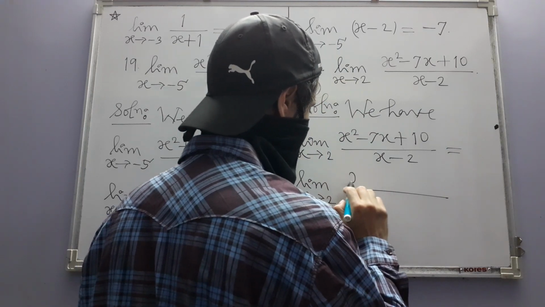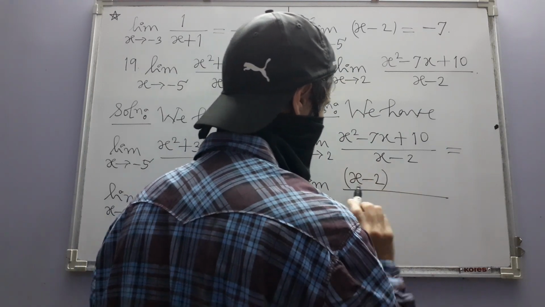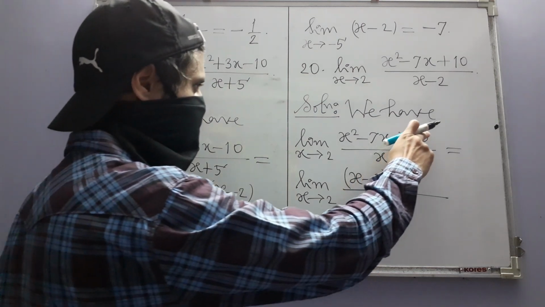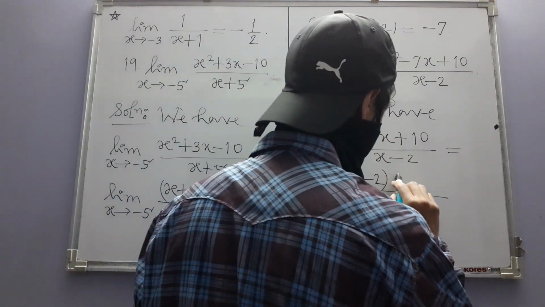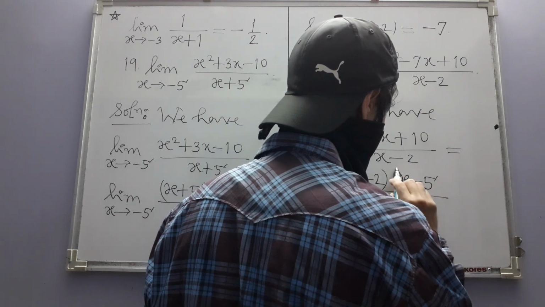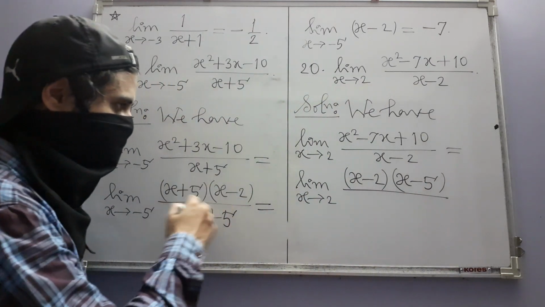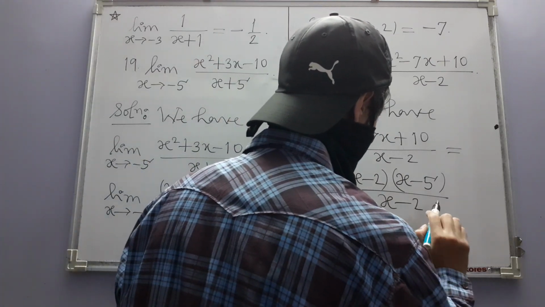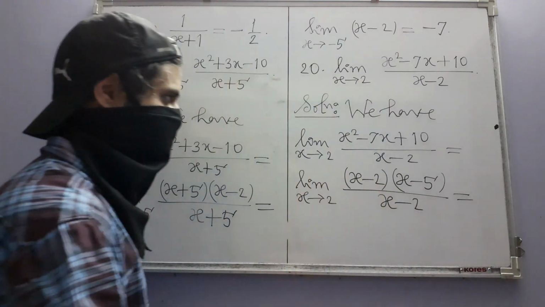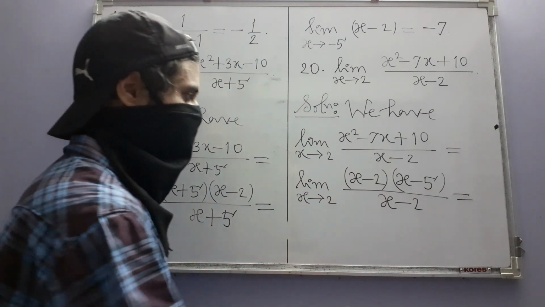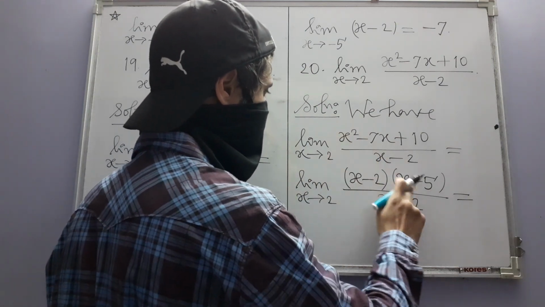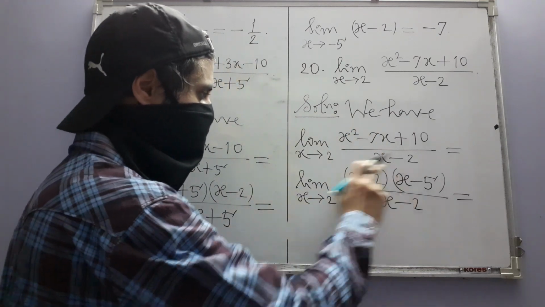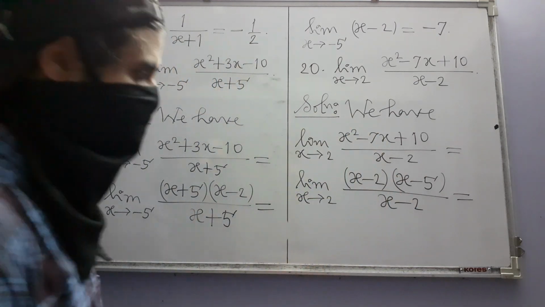We know that we should get x minus 2 in the numerator, but now we need plus 10. So let me write x minus 5, because according to what we were doing here, we should write x minus 5 here. But you should then see if that is correct. x squared minus 2x minus 5x give us minus 7x, and minus 2 times minus 5 is 10. Yes.